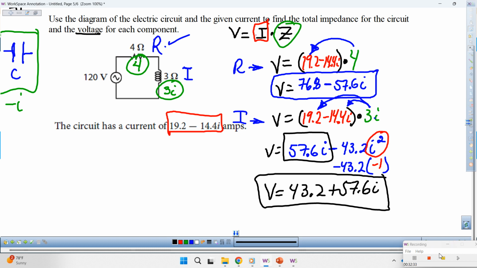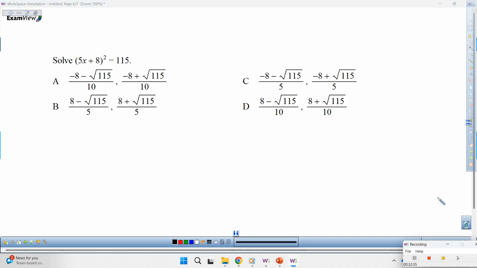All right, let me send you the screen so you can send me. So those problems were the short answer section of the benchmark. Now we're going to the multiple choice section.